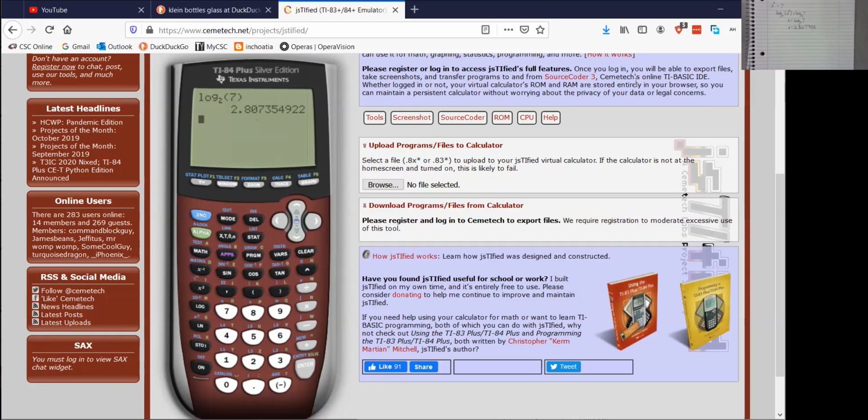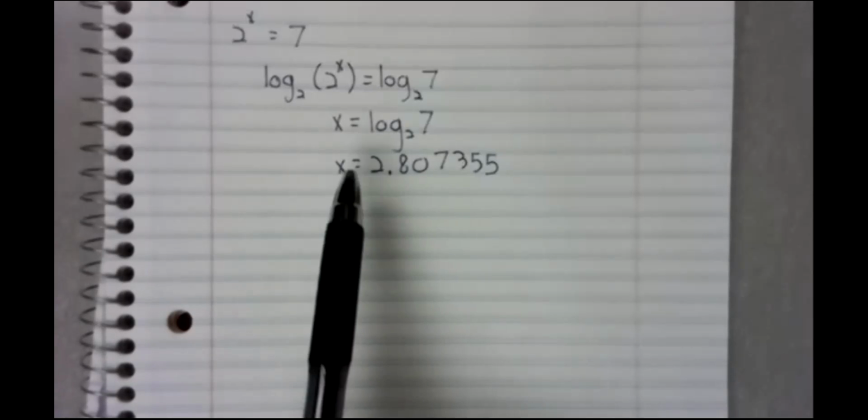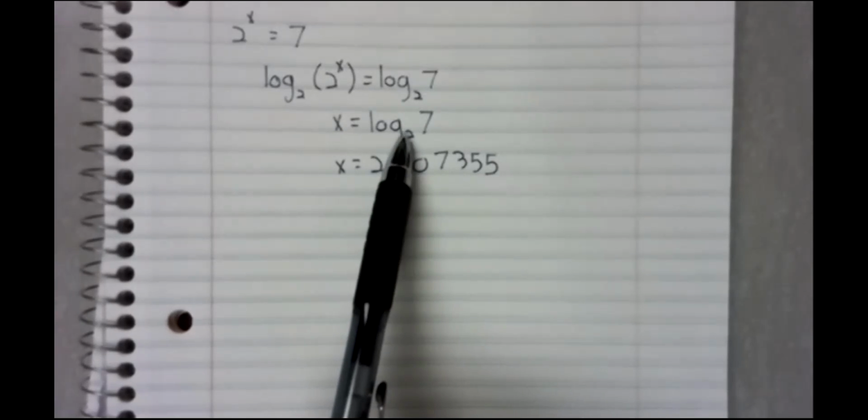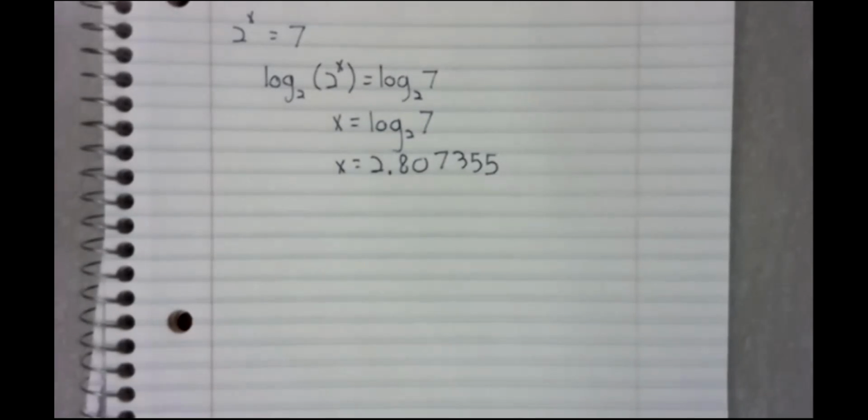So how could we find the logarithm base 2 of 7 if there isn't any log base command on the calculator?